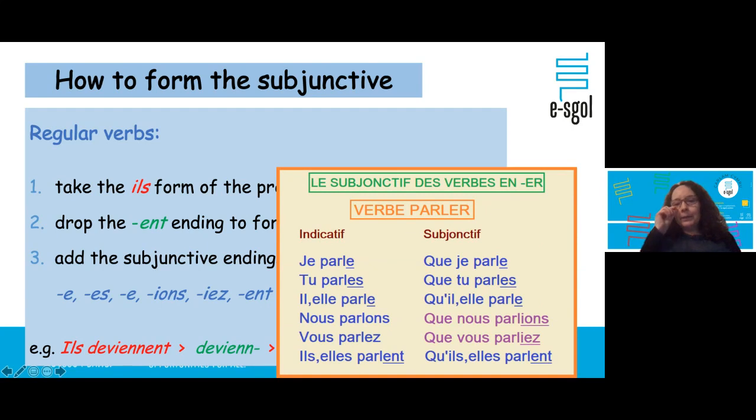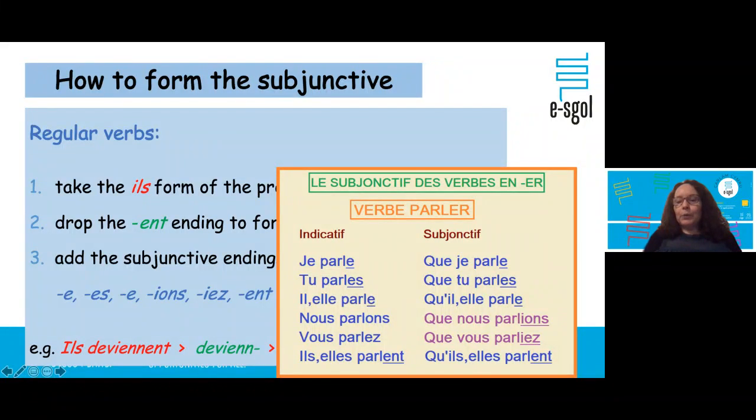This is another example. So we have the verb parler. So indicatif, you have je parle, tu parles, il elle parle, nous parlons, vous parlez, ils elles parlent. So this is something we're very familiar with by now. And then le subjonctif, que je parle, que tu parles, qu'il ou elle parle, que nous parlions, que vous parliez, and qu'ils ou elles parlent.